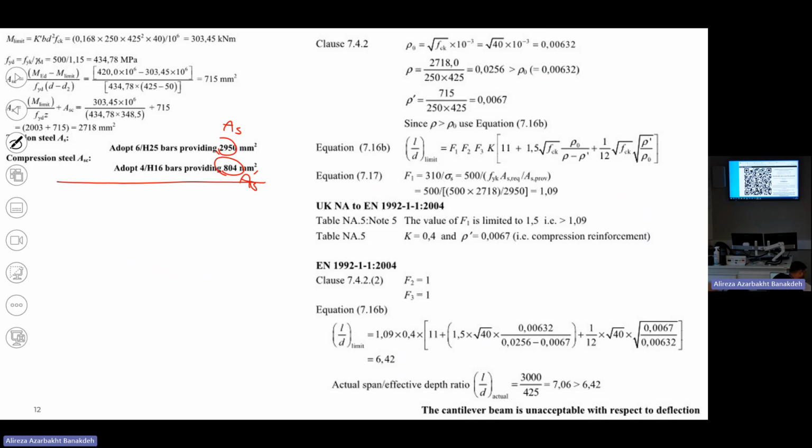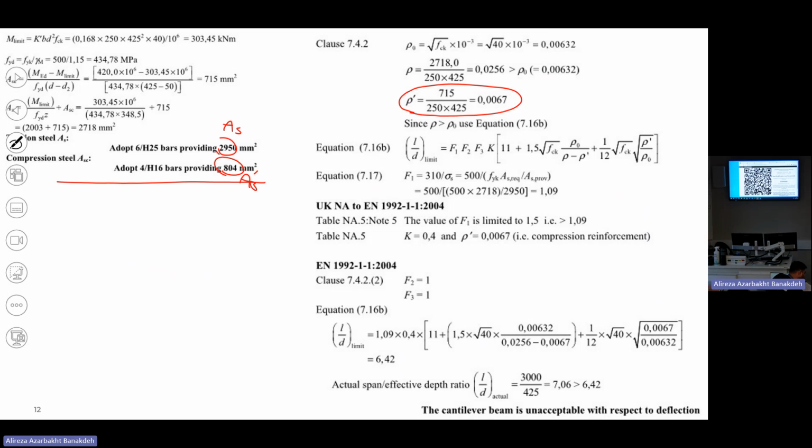If you have forgotten about singly and doubly, just go to the previous sessions. And here, the only difference is you have rho prime. The rho prime was 0 in the previous case because you didn't have any top reinforcement, did you? So now you have compression reinforcement. Rho prime is non-zero, right?